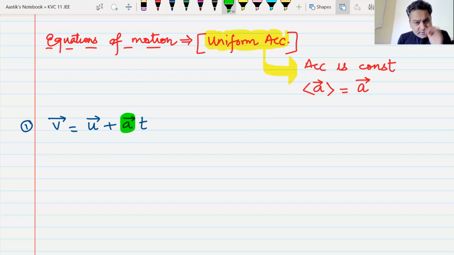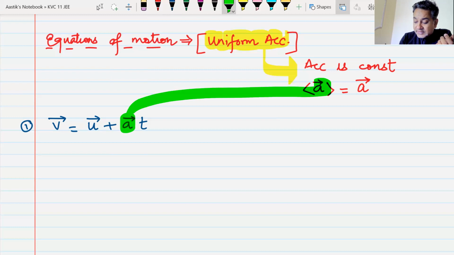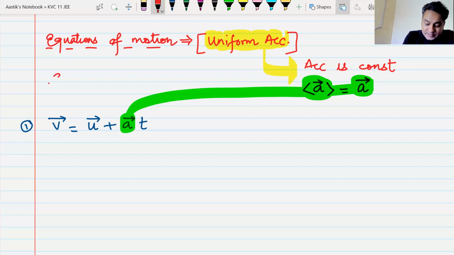Okay. This a is acceleration. Which acceleration? Instantaneous acceleration or average acceleration? Constant. Acceleration is constant, so you can call it as average acceleration, or you can also call it as instantaneous acceleration. Do you know how this equation is derived? If you remember the equation for average acceleration, do you remember what was average acceleration? Final velocity minus initial velocity divided by time.